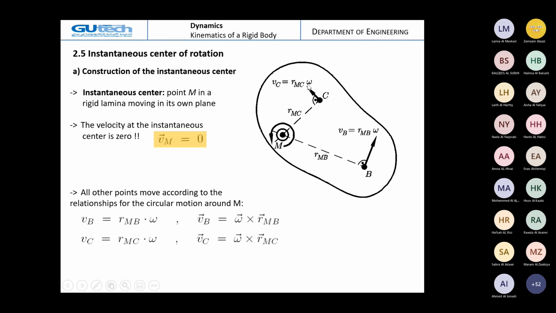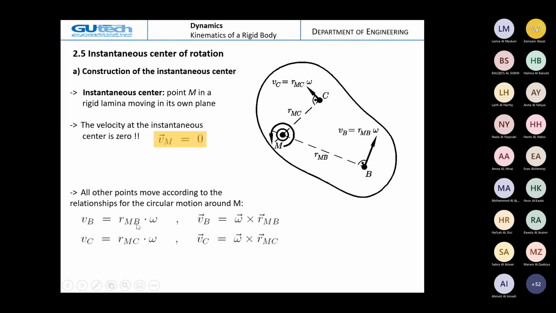omega. Then, if we do it, for example, graphically, let's say we take the distance here from M to C, we measure it, and we multiply it by omega, we will get the velocity Vc. The same for Vb. We take the distance here, Rmb, and we multiply it by omega, we will get the velocity Vb.